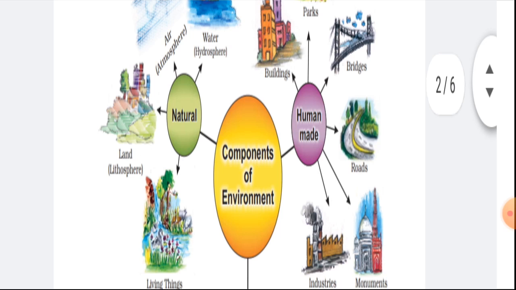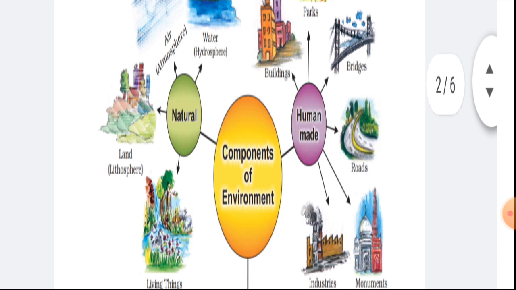In your textbook, you can see a diagram of the components of environment. Components means factors. We can see two kinds of factors in our environment. The first one is natural and the second one is human made.